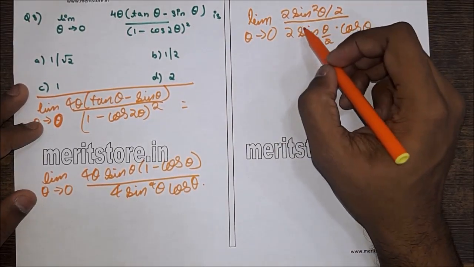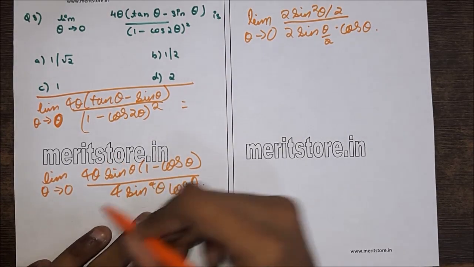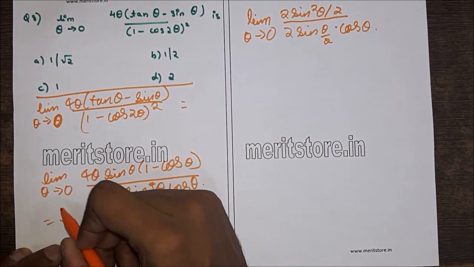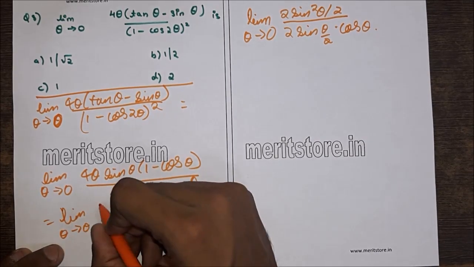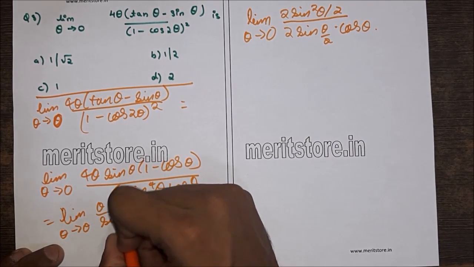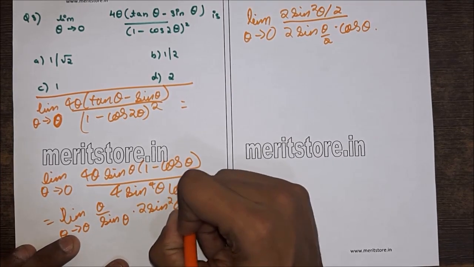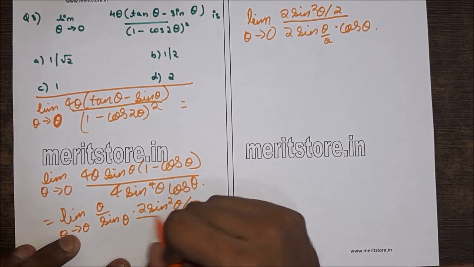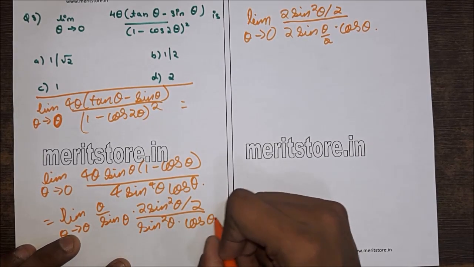Now we get this on solving this equation to give us, we could write it as limit of theta tends to 0, theta by sin theta into 2 sin square theta by 2 upon sine square theta cos theta.